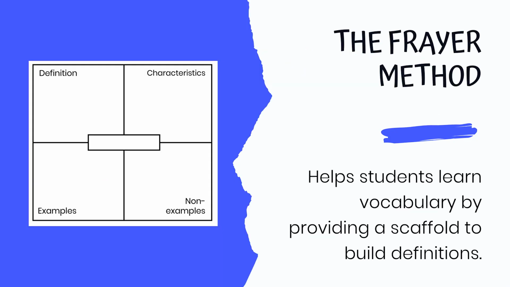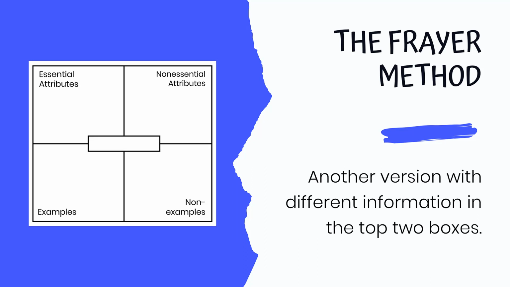On the left, you'll see a traditional Frayer Method chart. You'll see definition, characteristics, examples, and non-examples. This method helps students learn the vocabulary by helping them build their definitions. Here's another example with the top two boxes and some slightly different language.